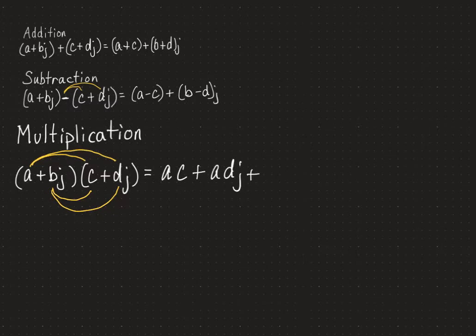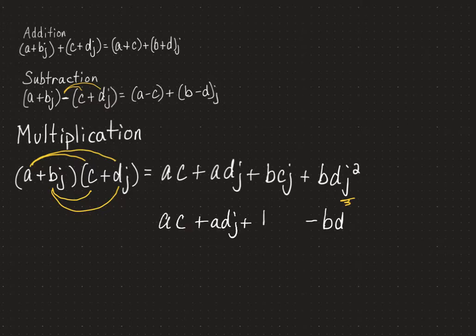Then we will get bc times j, plus bd times j squared. But careful. We know what j squared is. It's equal to -1. So that will make that entire last term change its sign. So we have ac plus adj plus bcj minus bd.